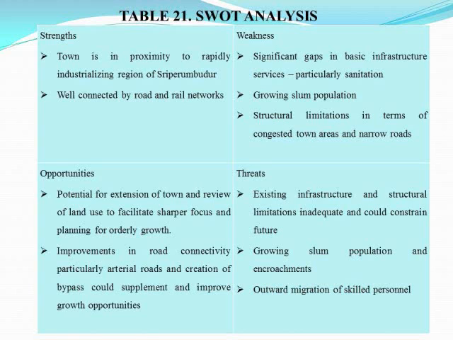Weakness is significant gaps in basic infrastructure services, particularly sanitation, a growing population, and structural limitations in terms of congested town areas and narrow roads. Opportunities are potential for extension of the town, review of the land use and to improve the road connectivity. Threats are existing infrastructure and structural limitations that are inadequate and could constrain future growing population, encroachments, and outward migration of the skilled personnel.